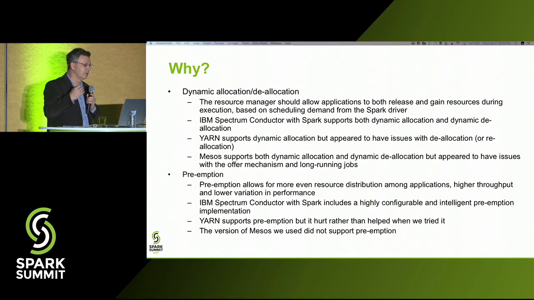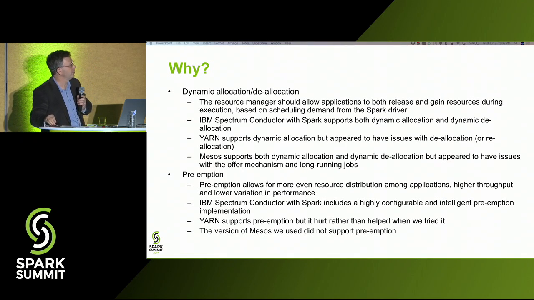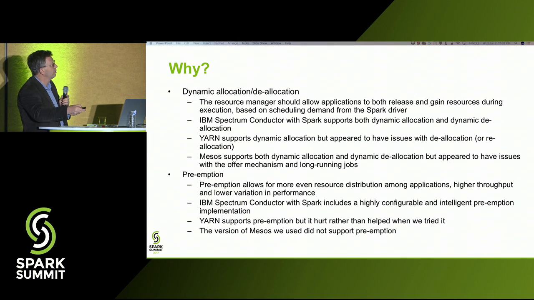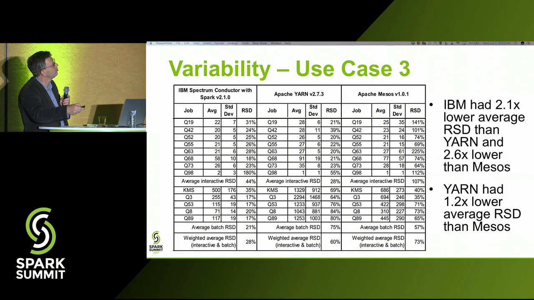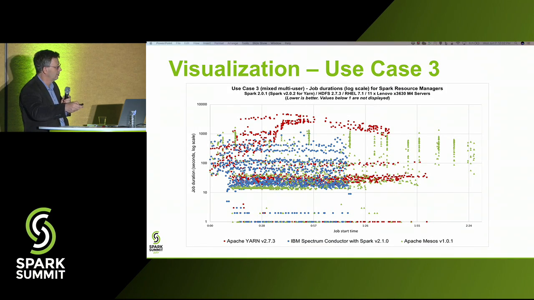With Mesos, what we've seen is that it supports dynamic allocation and release, but it uses an offering mechanism, and that offering mechanism has some problems. Maybe I will show you use case number 3. If you look at the green dots, these are messages, and they appear in strange patterns. You see these vertical lines.